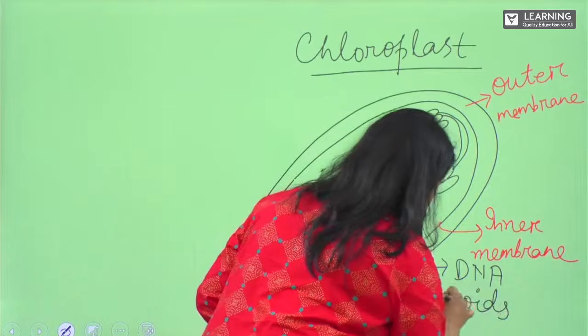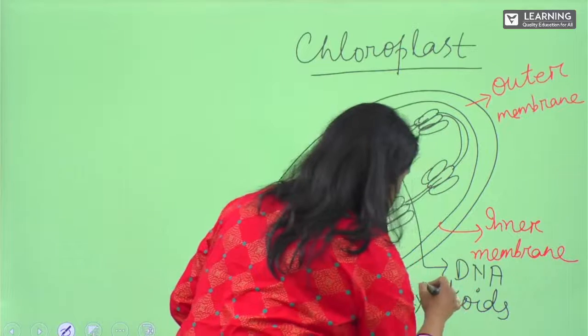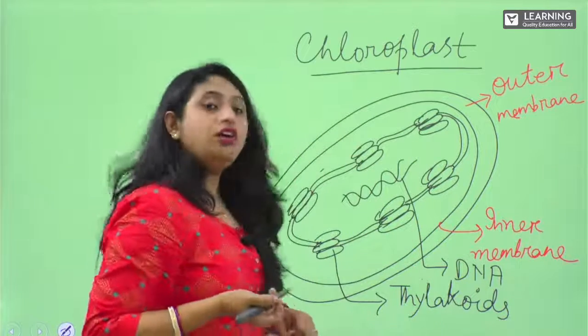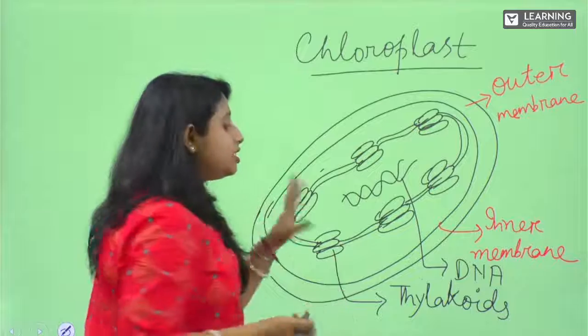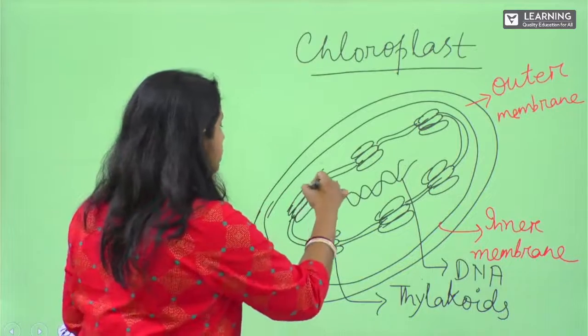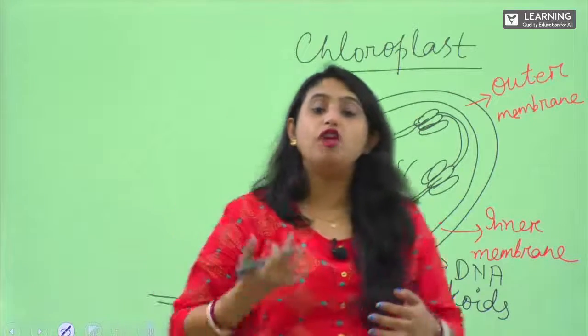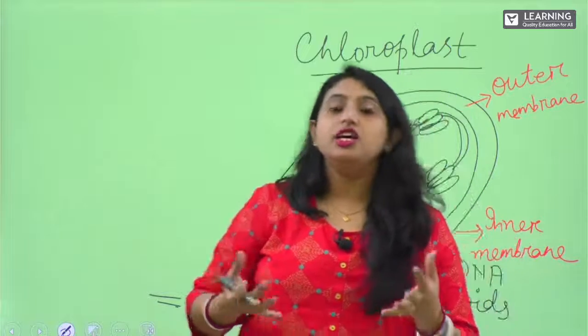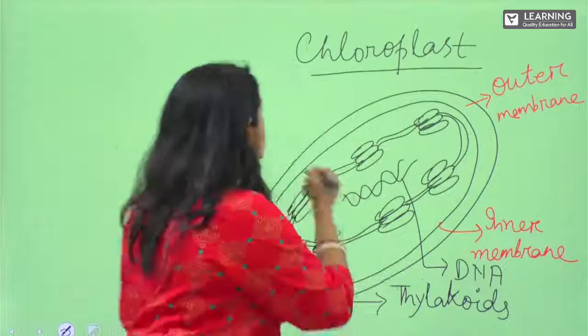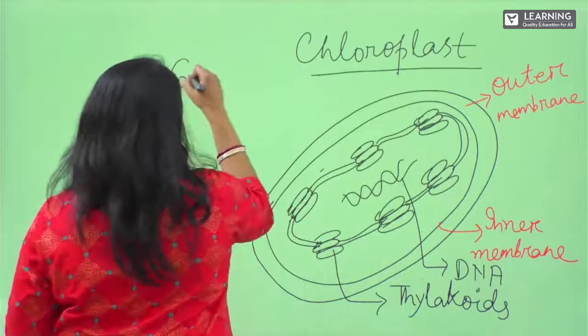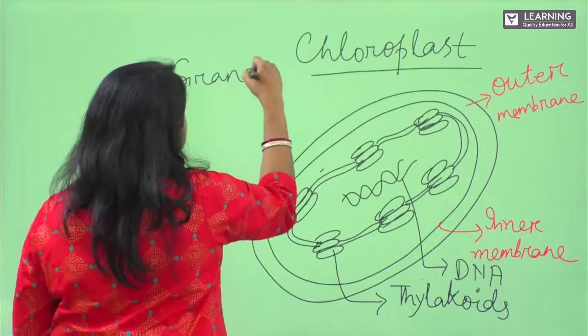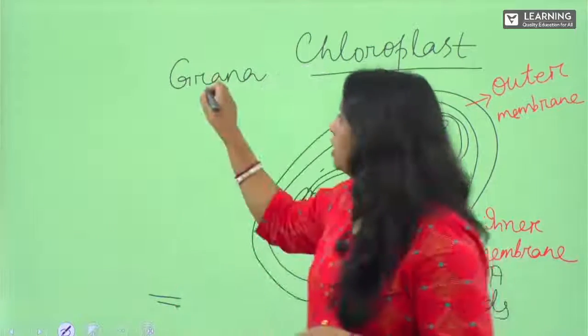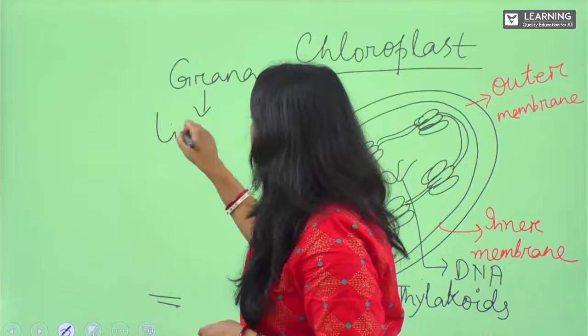So these thylakoids are responsible for the process of light reaction. They have got grana. What is the function of this grana? This grana is responsible for your light reaction.